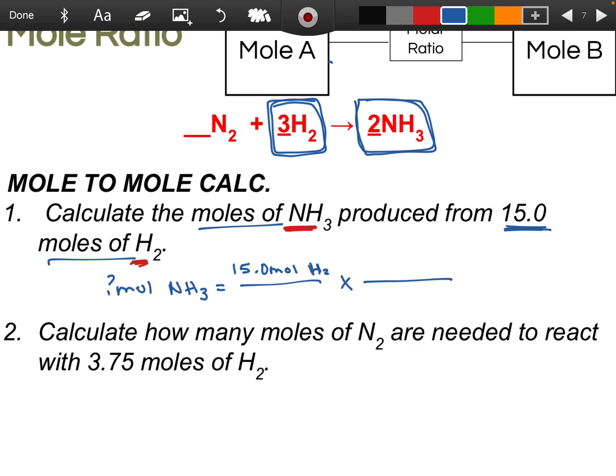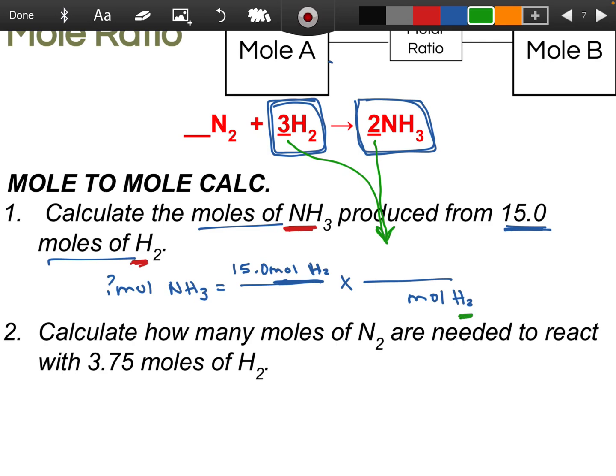So you're going to set up the problem the same. Whatever unit you start with on top gets transferred to the bottom of the next step. And now this is our mole ratio step. So the mole ratio from your balanced equation is going to be the numbers that we use for this step.